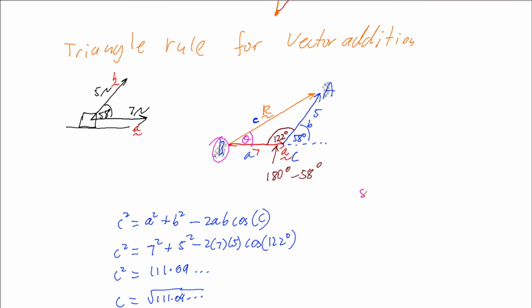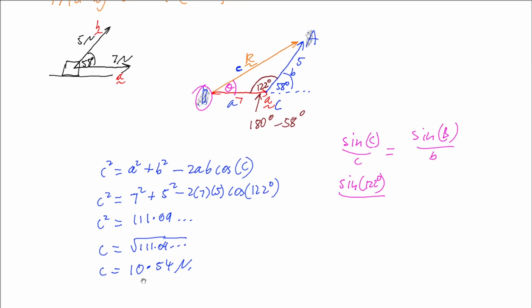We're going to have sine of angle C over side C equals sine of angle B over side B, which means I am going to have sine of 122 degrees, because that's angle C, over side C. Well, we just worked out side C, that was 10.54.